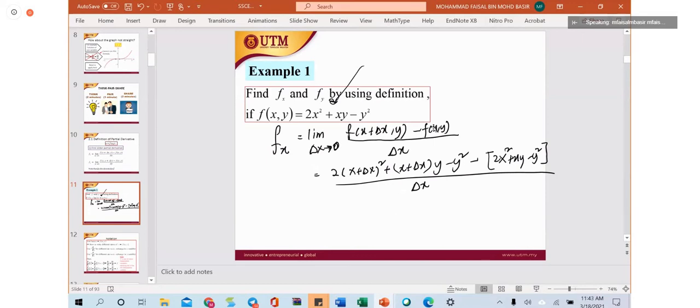If you expand this, you will get 2(x plus delta x) squared.